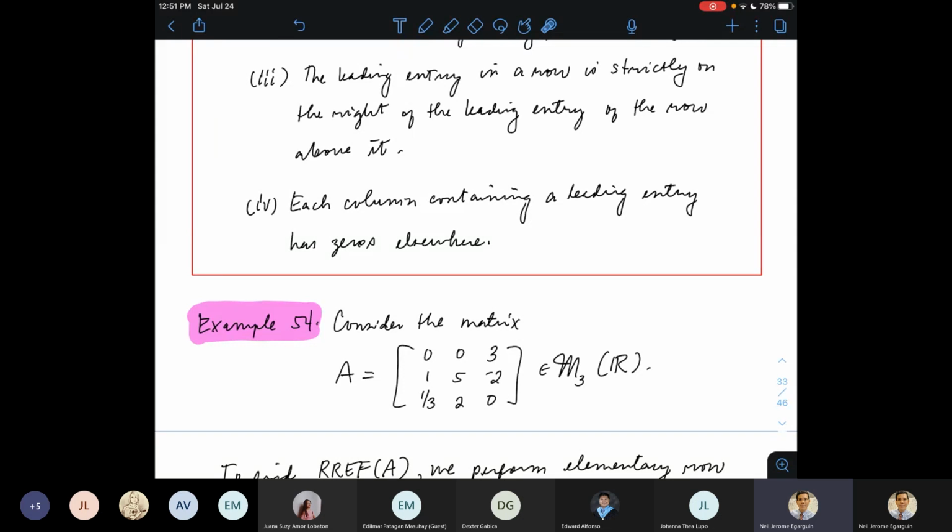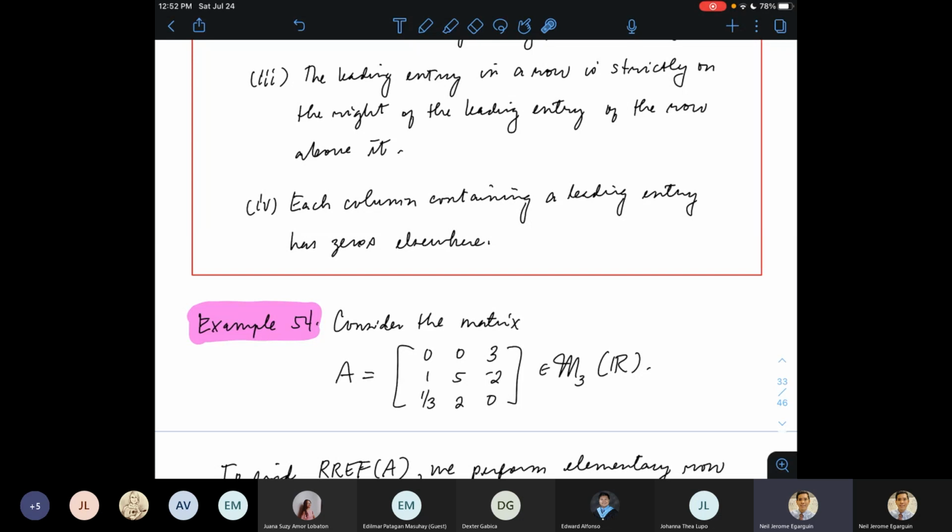Pero the conditions of some of the results here could be made less restrictive. Instead of RREF, we can use the row echelon form lang. But never mind about that.